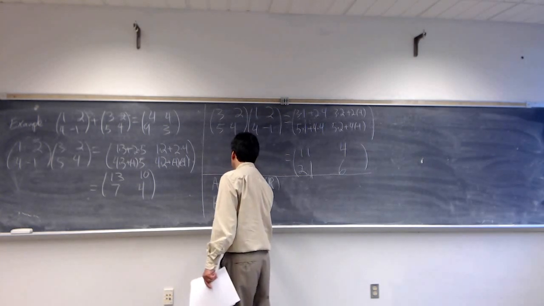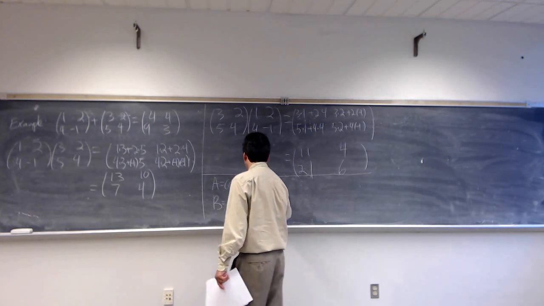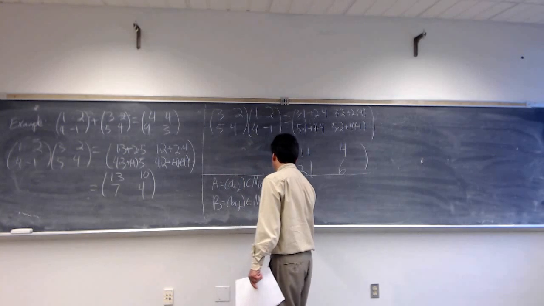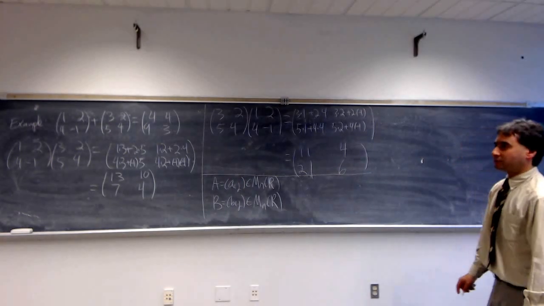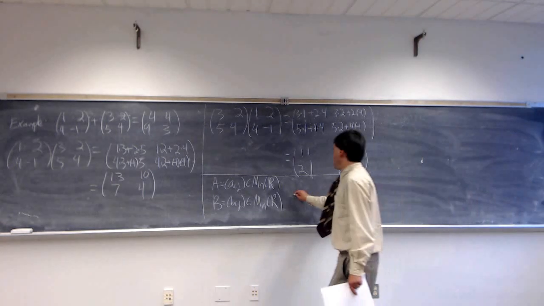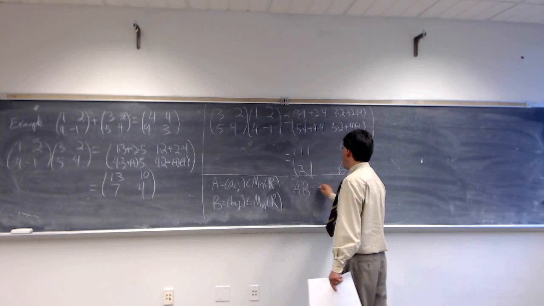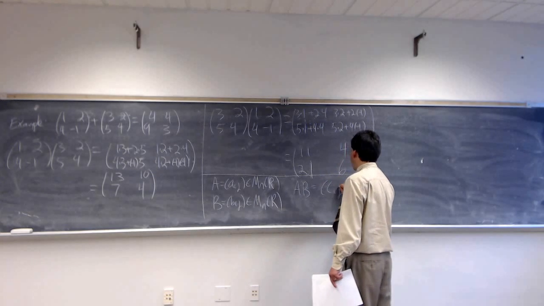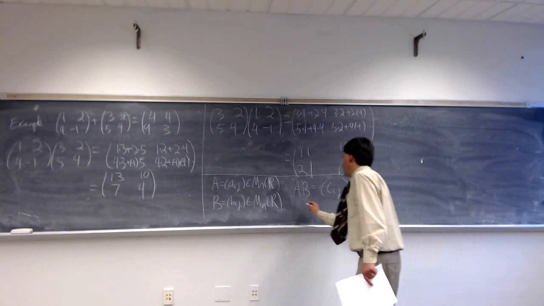B equals Bij, which is also an n by n square matrix. And their product, A times B, is a matrix Cij.